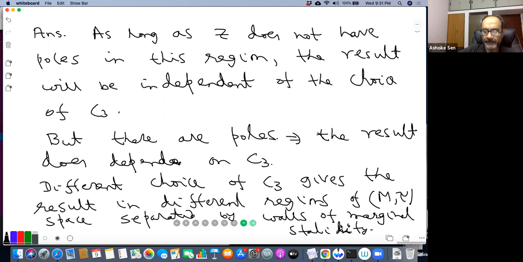So it's basically the same partition function that captures the results in different regions of M and tau. But you have to choose different contours.